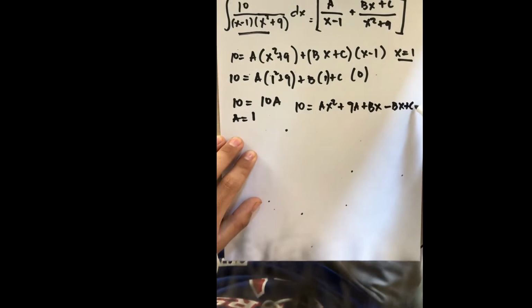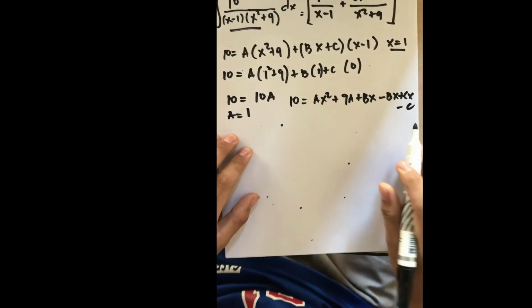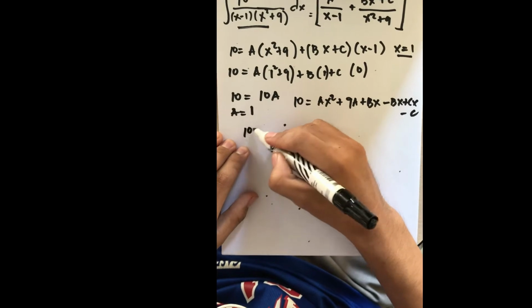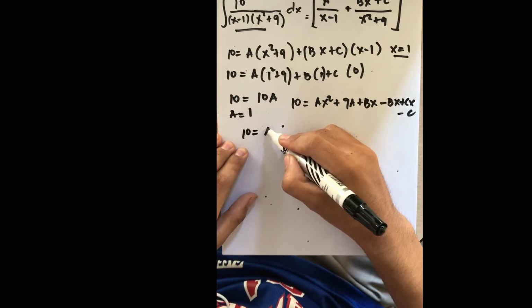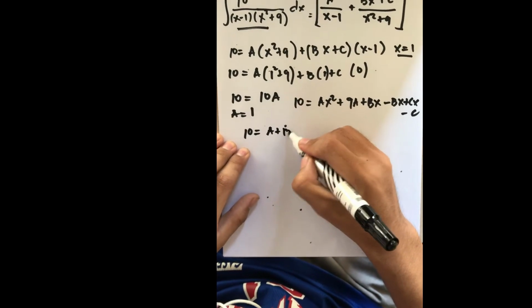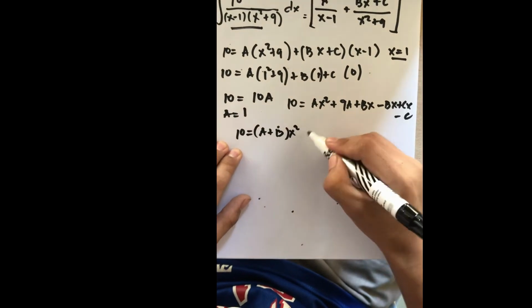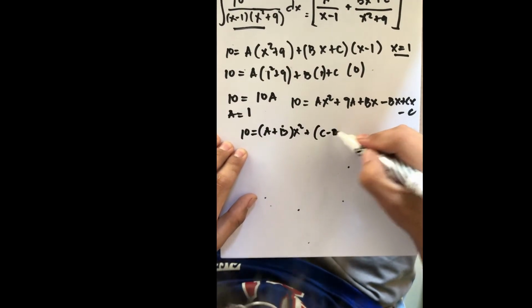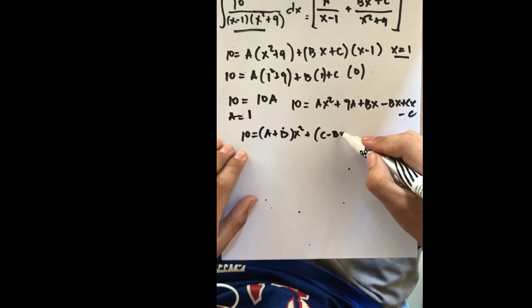Let us distribute the constant a. So 10 is equal to ax squared plus 9a plus bx squared minus bx plus cx minus c.